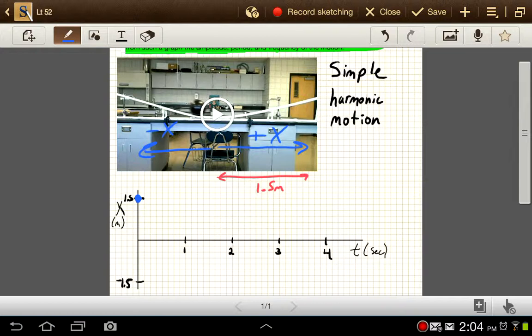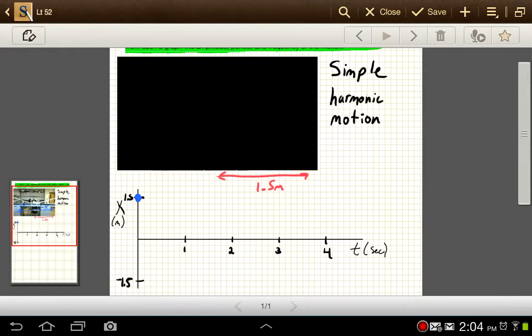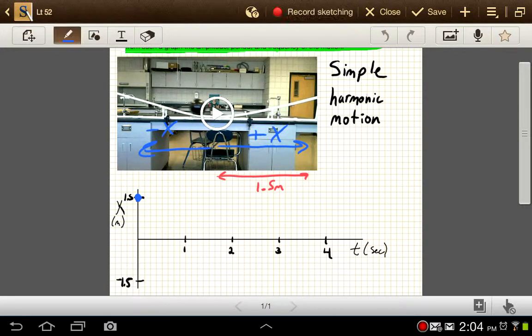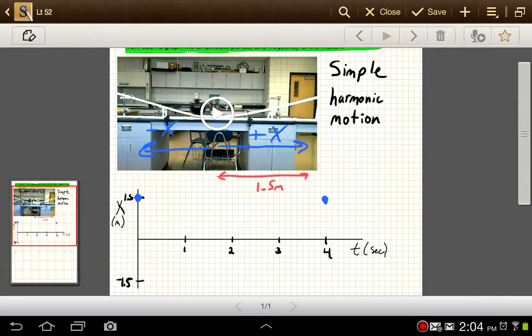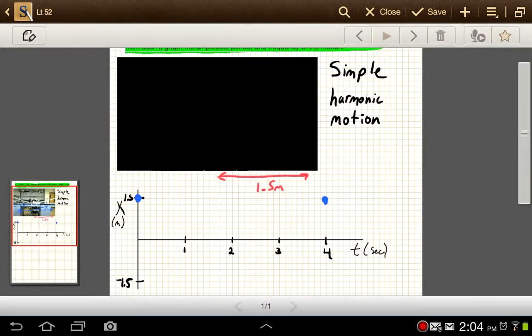Okay, and like I said, as I timed this, I found that it's about 4 seconds to go all the way to the left and then all the way back to the right. So at a time of 4 seconds, we're back to that starting position. Starting position again. Okay, let's see where we are in between there. After starting there, halfway through, we're as far to the left as we can get.